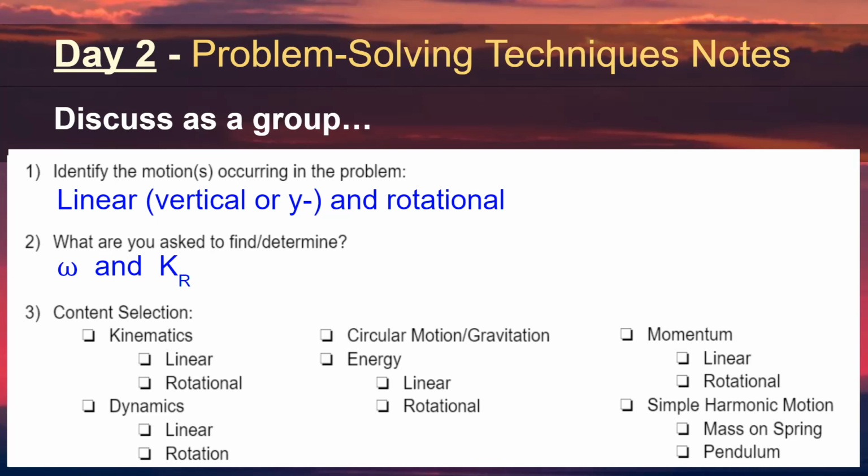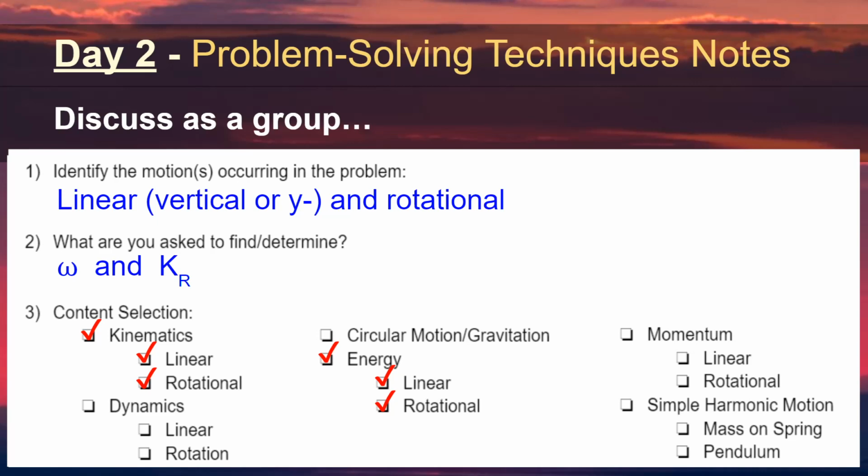So when you go in to check the boxes for the different content selection, what would be appropriate? Obviously, the kinematics stuff. You could absolutely approach it in that direction. Again, we aren't actually solving anything here, but if you had different questions with the same scenario, you could approach it by analyzing it through kinematics. Dynamics wouldn't be super helpful here.